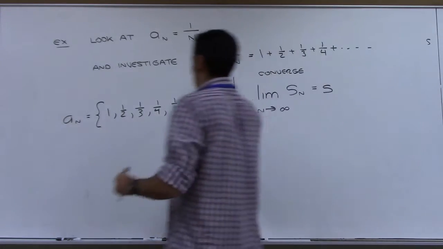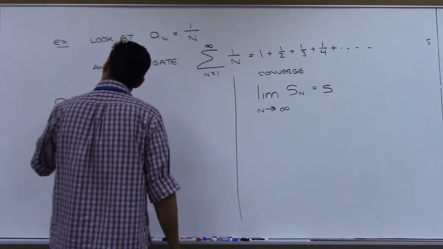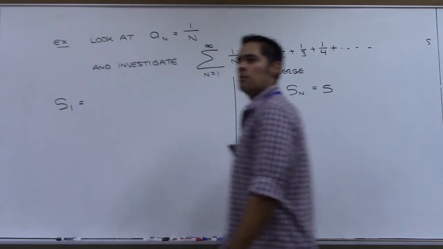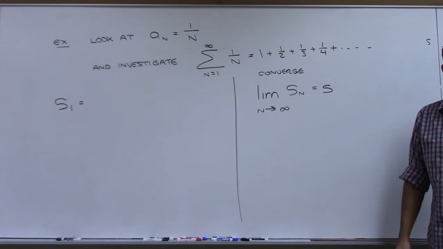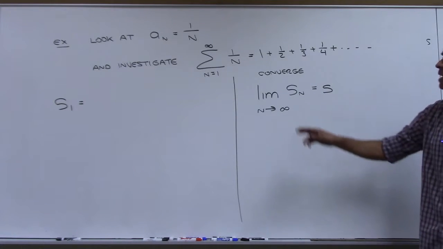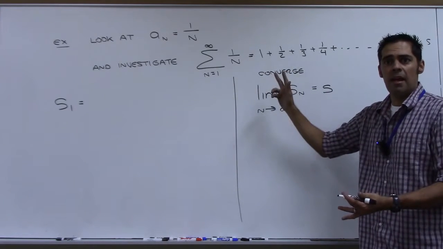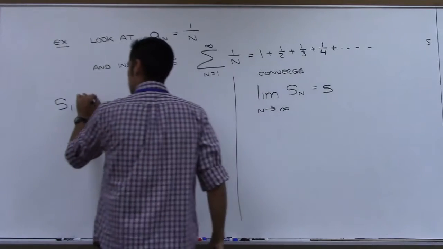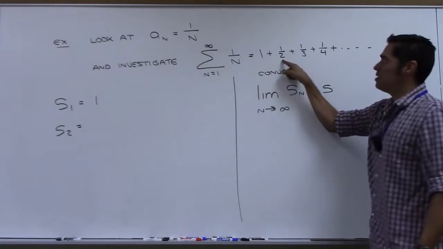Let me ask you this. What's s sub 1? What does s sub 1 mean? It just means take the first guy, and that's it. Don't add anything to it. That's s sub 1. What's s sub 2? 1 plus 1/2.